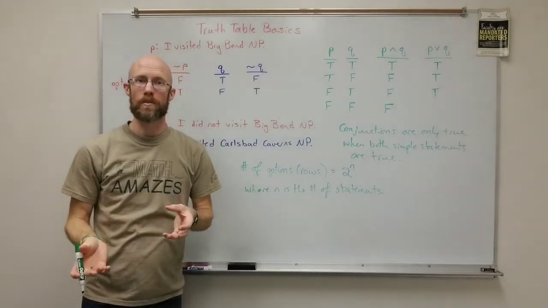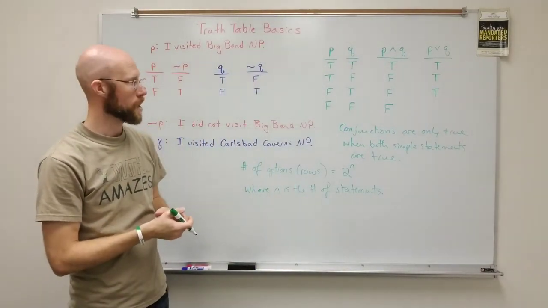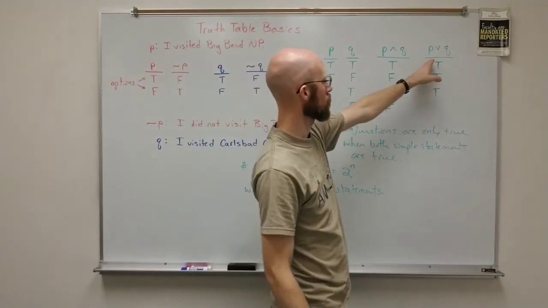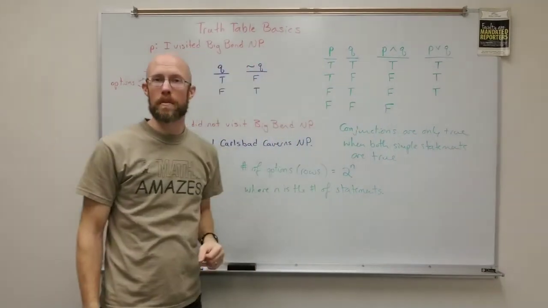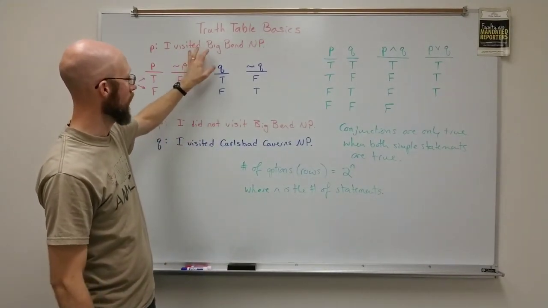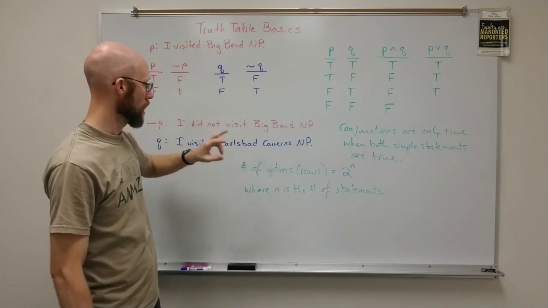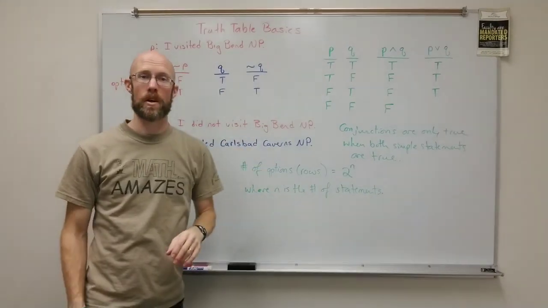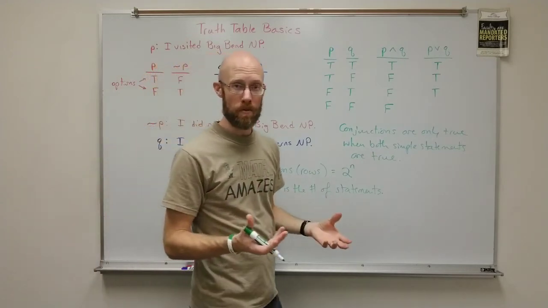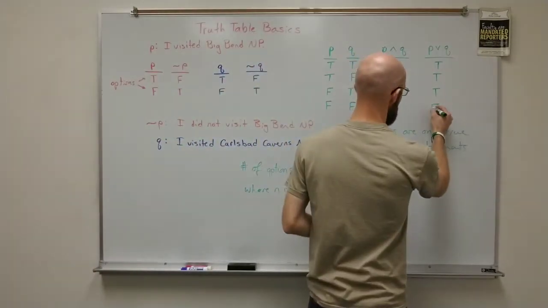You only need one of them to be satisfied. However, the disjunction is false if both of these statements were false. So if I hadn't visited Big Bend and I hadn't visited Carlsbad Caverns, then when I say I visited Big Bend or Carlsbad, that would be false, right? So if I hadn't visited either one.